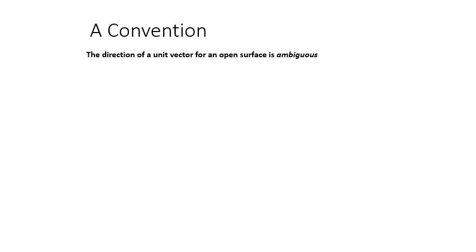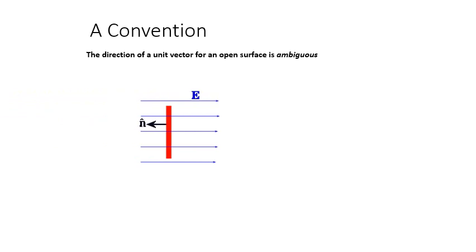The direction of a unit vector for an open surface is always ambiguous. See here, if E is the field which is passing, shown by blue lines, and A is the area vector chosen, then the direction of the unit vector is perpendicular to the surface, as shown here.